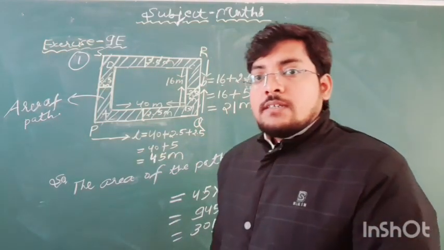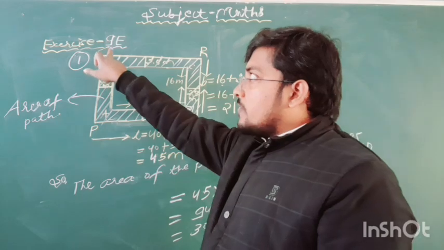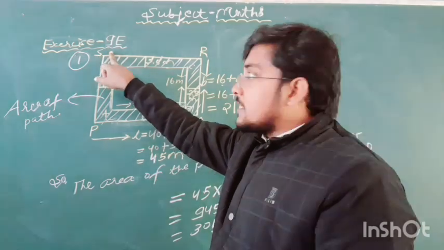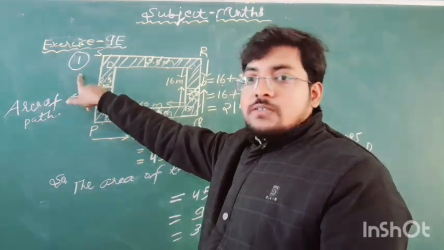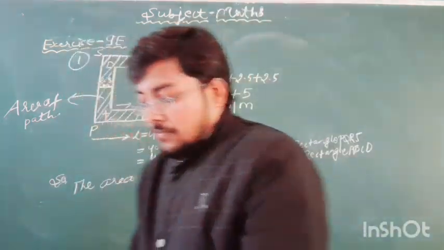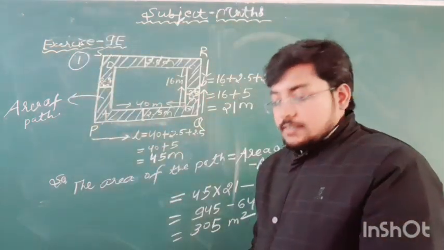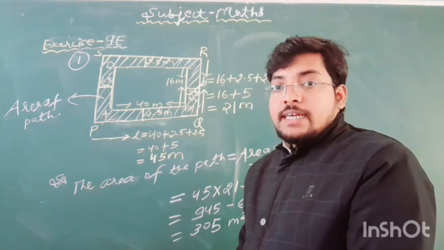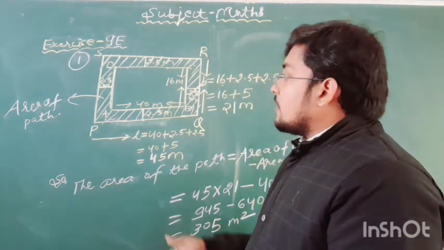Hello everyone. In this video, I am going to discuss exercise 9E, question number 1, which says that a rectangular park is 40 meters long and 16 meters wide.